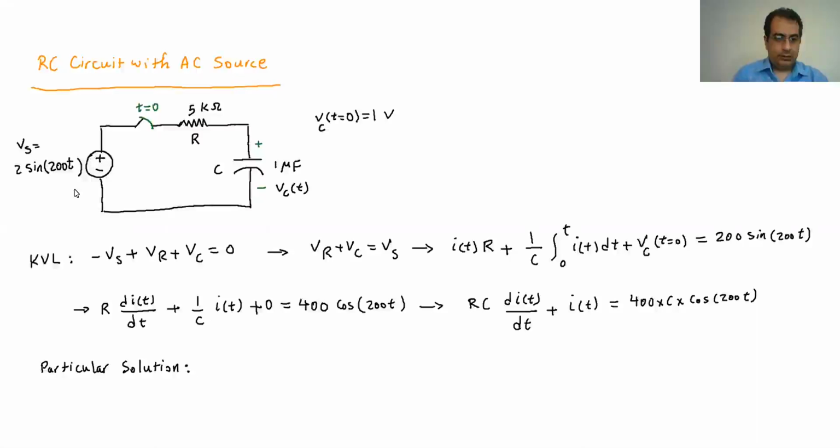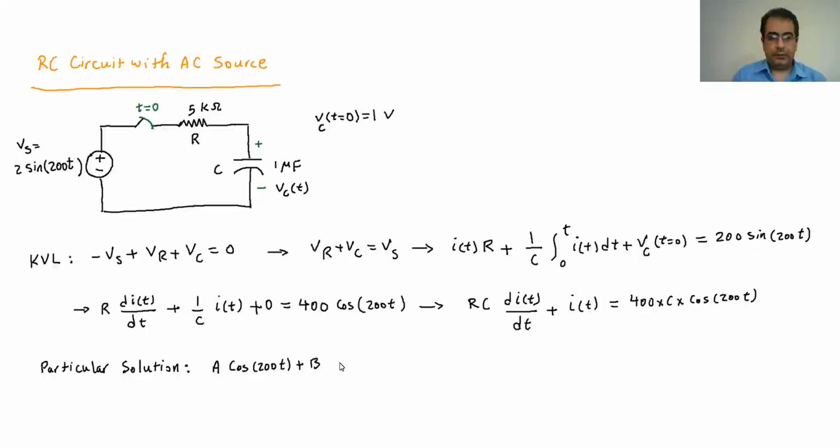For this type of sine source, it's going to be A cosine 200t plus B sine.